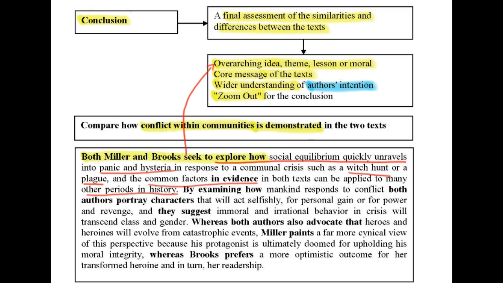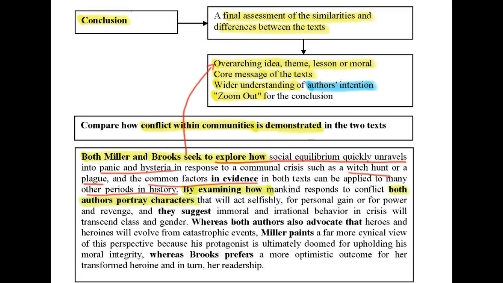Then we go on to the next sentence, which is: by examining how mankind responds to conflict, both authors portray characters that will act selfishly for personal gain or for power and revenge. And they suggest immoral and irrational behavior in crisis will transcend class and gender.